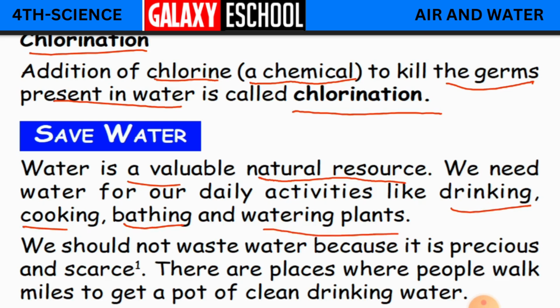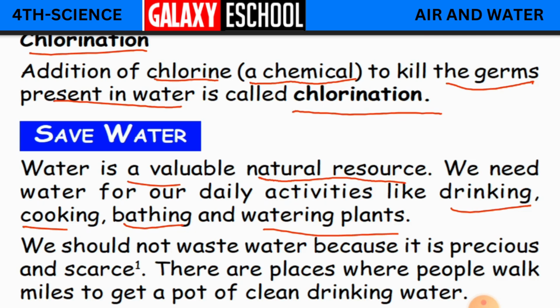We will be having plants in our houses. Not only plants, even in the agriculture fields, farmers need water for watering their crops. So for all these purposes, we need water.